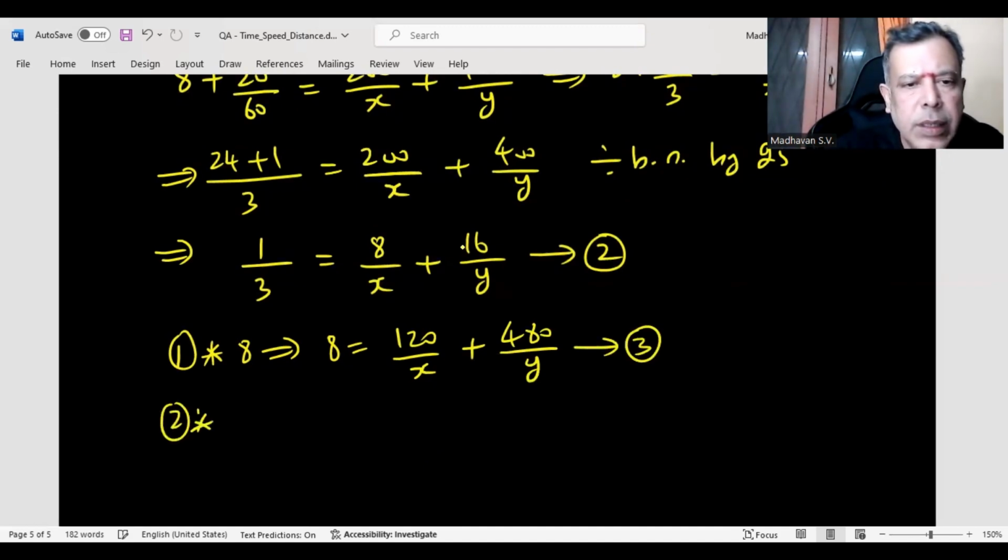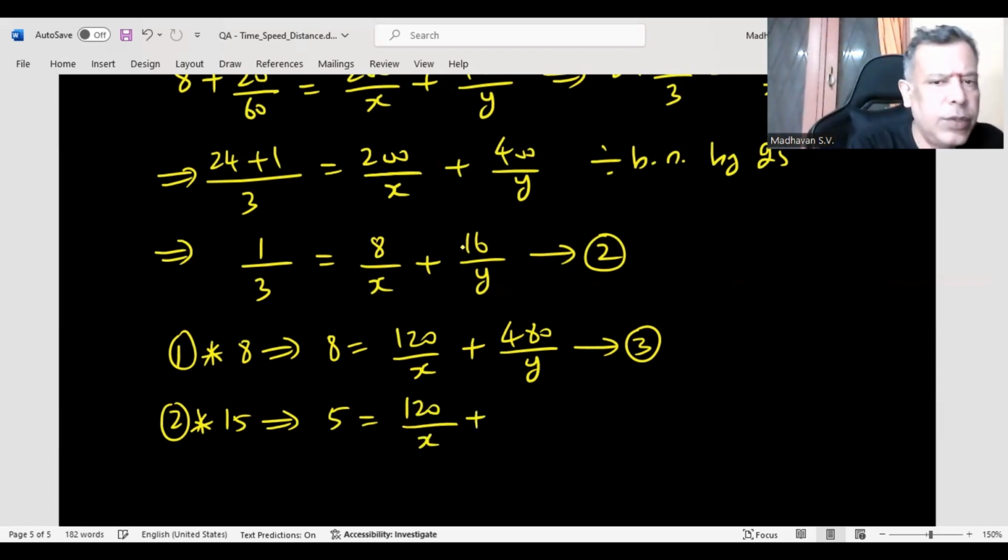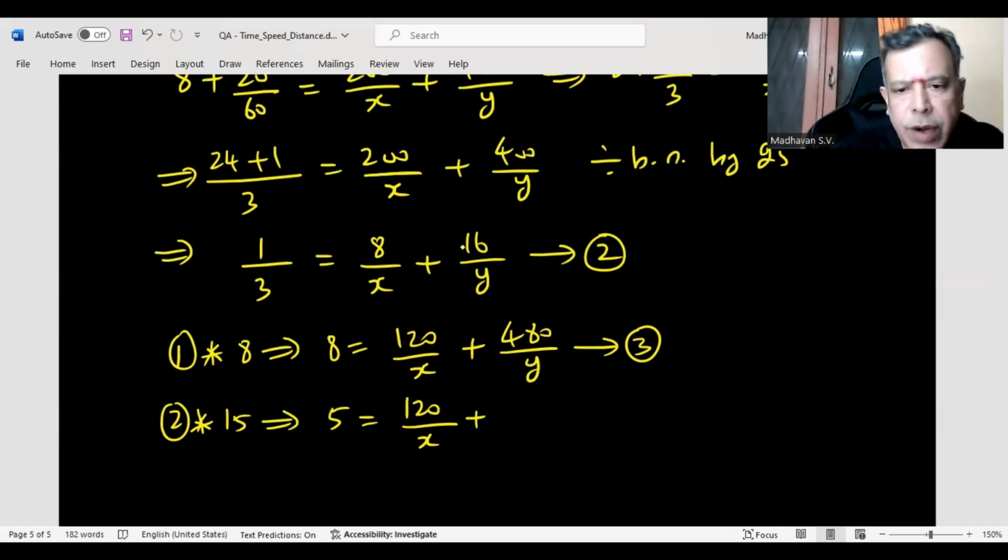Second equation, let us multiply it by 15. We'll get 15 by 3, which is 5, equal to 15 into 8, which is 120 by x, plus 15 into 16, we get 240 by y.